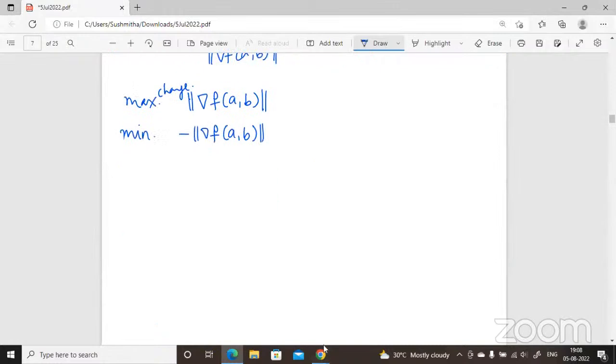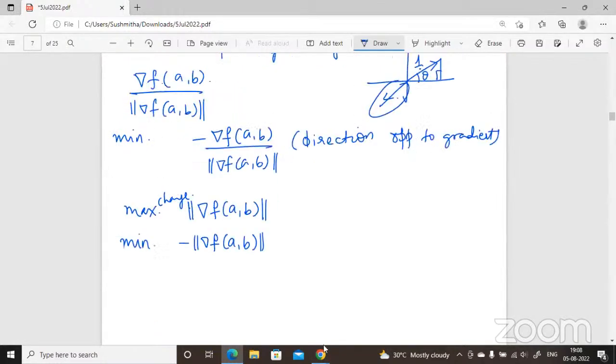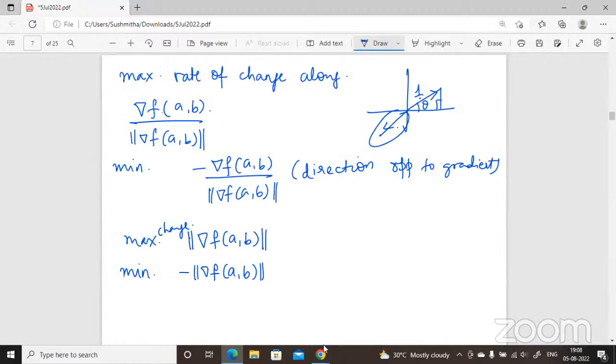When you put these directions into the gradient, that will give positive. Negative into negative is positive. No, why is it negative? This is going to be a vector. It may have positive components, it may have negative components, it doesn't matter.